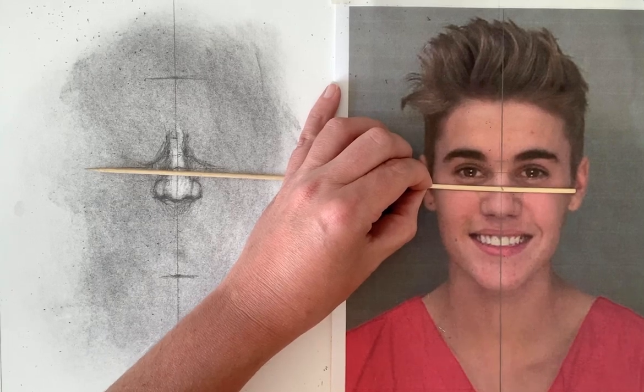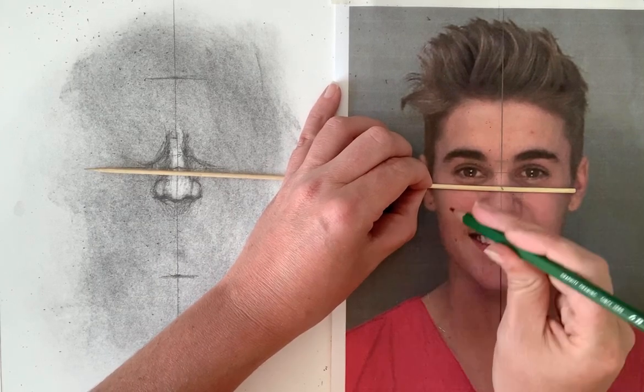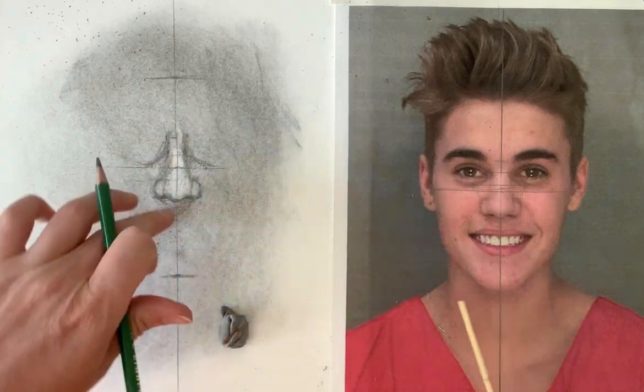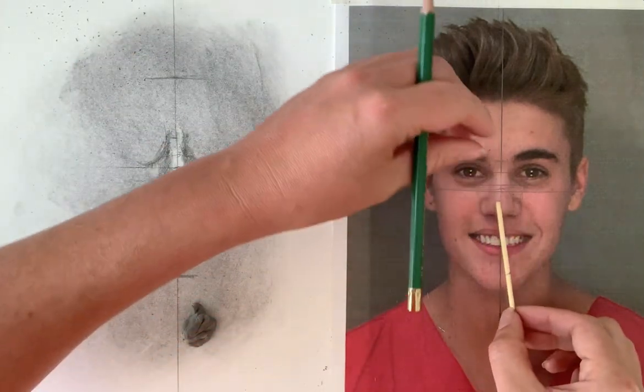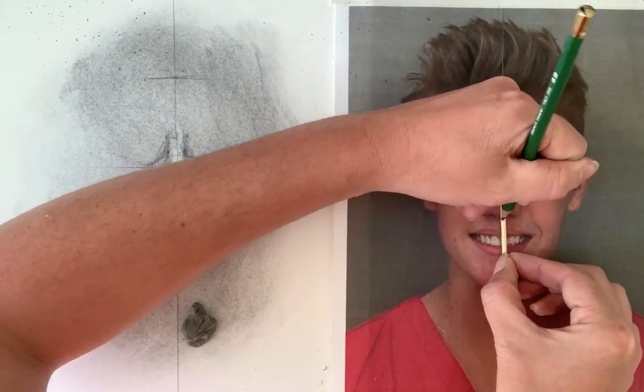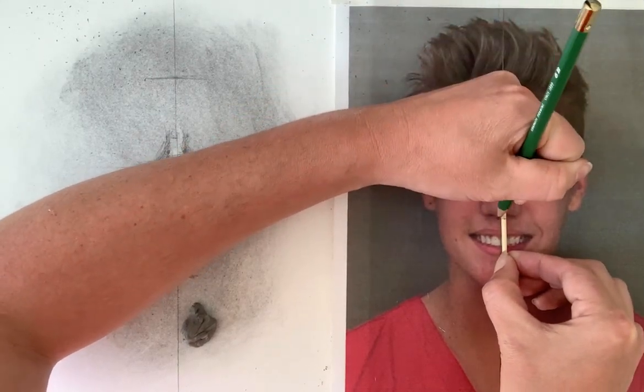Okay, so here's my width. I've established that horizontal to help me find that height. And then I'm just going to use my nasal measurement, because I have that established here, to know exactly where that highest width is. As you get better at this, you can do more eyeballing.